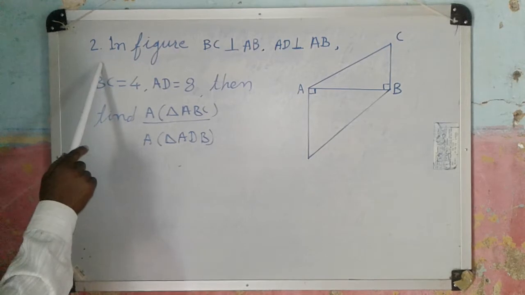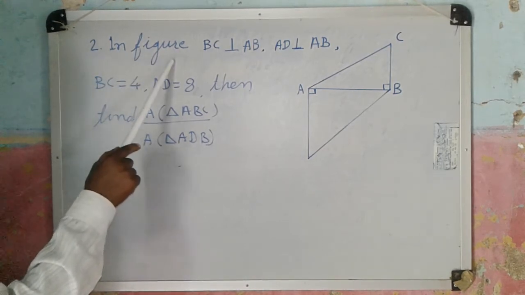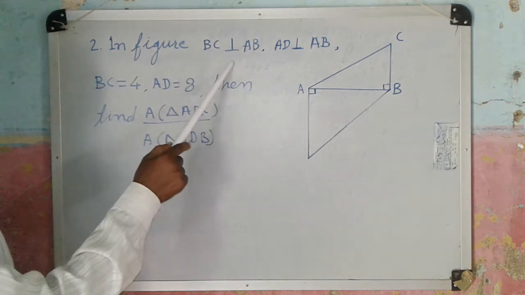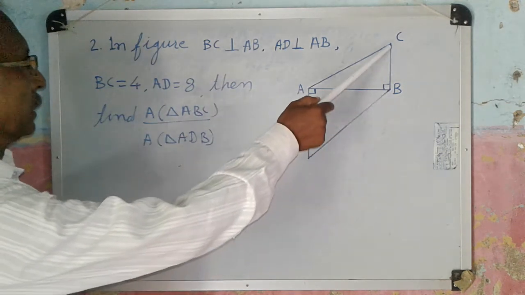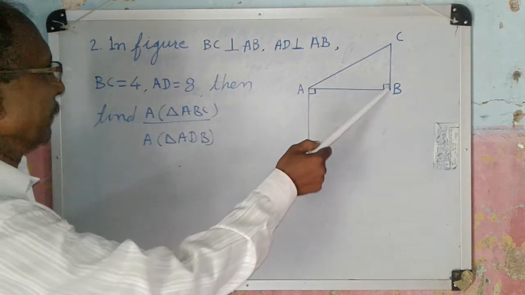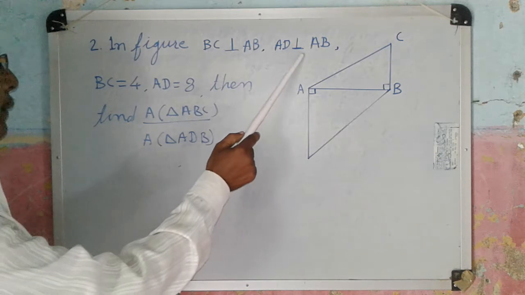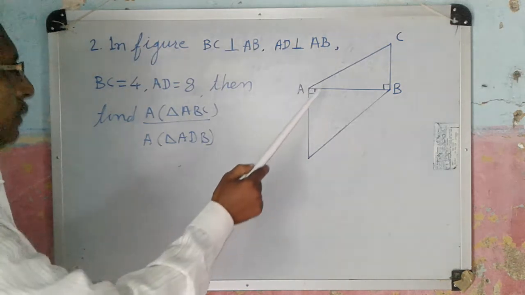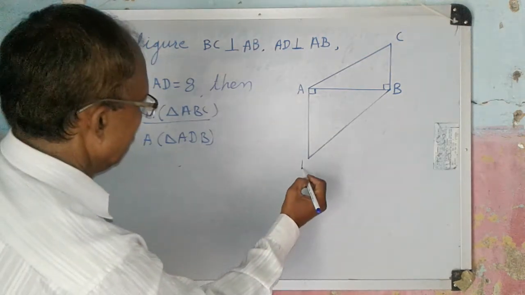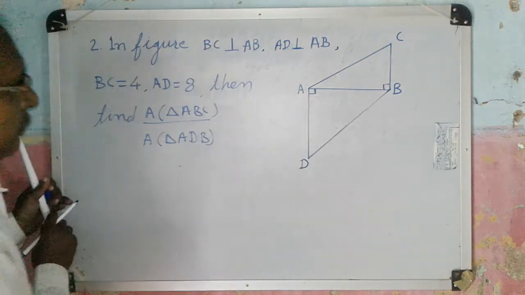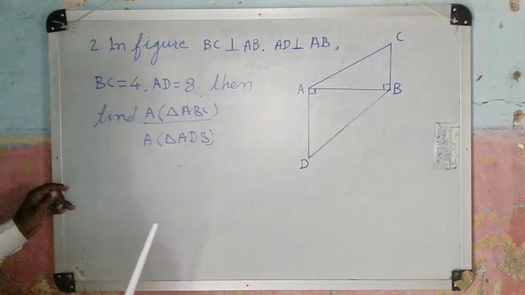Now this is question number 2. In the figure, BC perpendicular AB. AD perpendicular AB.